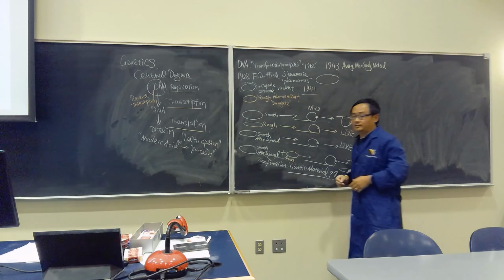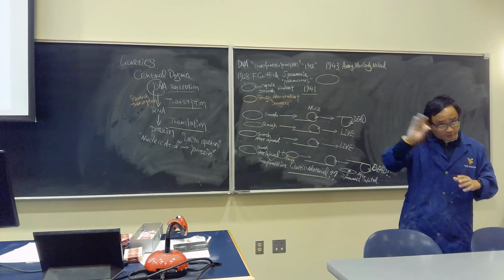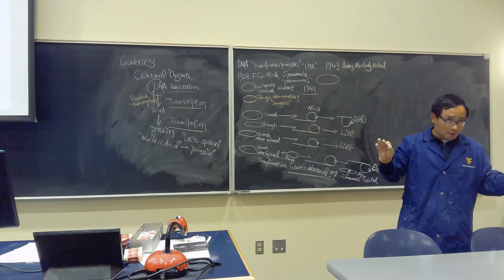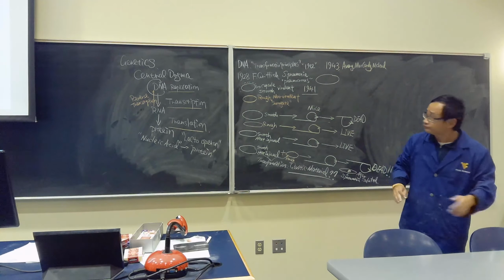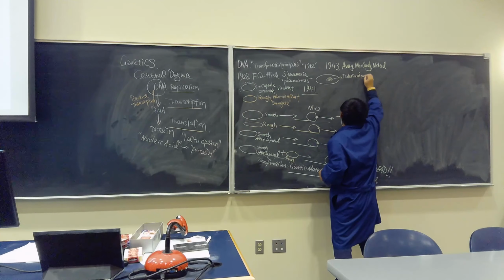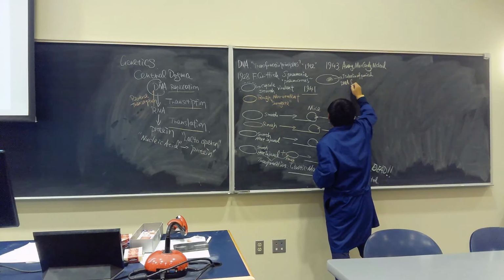Instead of using a tremendous amount of mice, they did this in tubes. This is progress, because otherwise you're using so many animals. They did this in a test tube environment, and what happened is they isolated purified DNA from this Streptococcus pneumoniae.